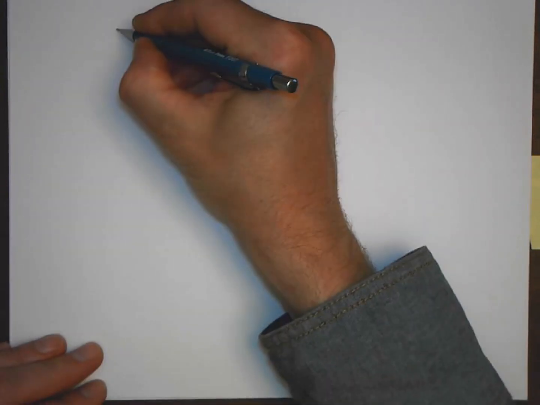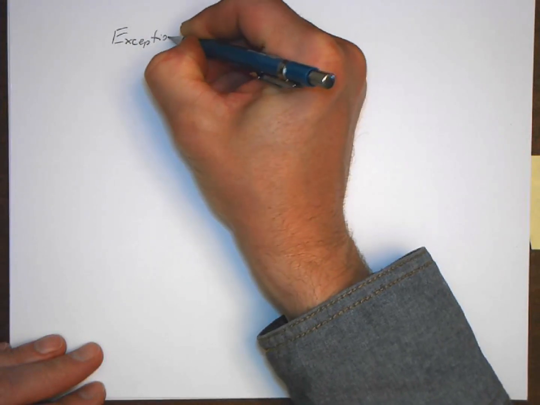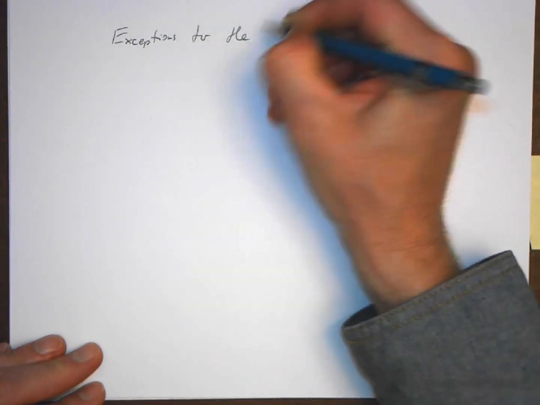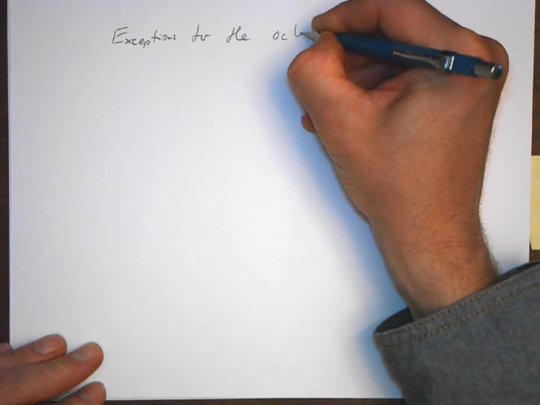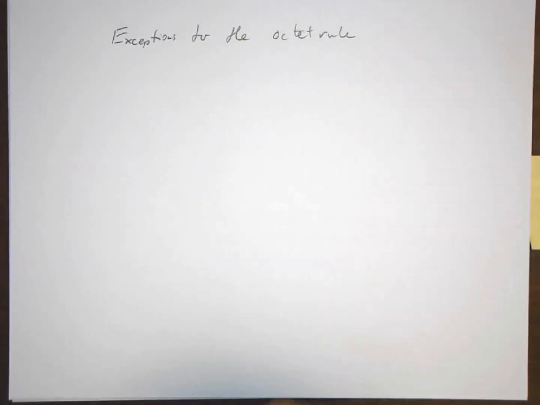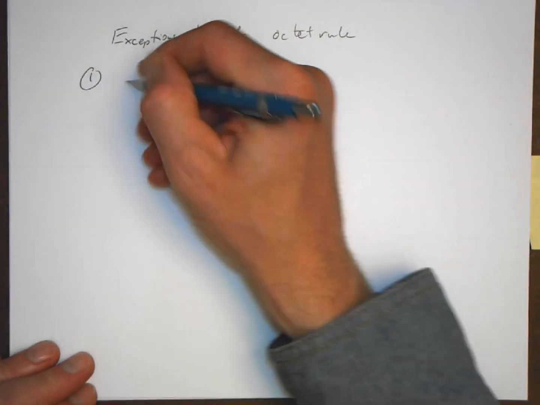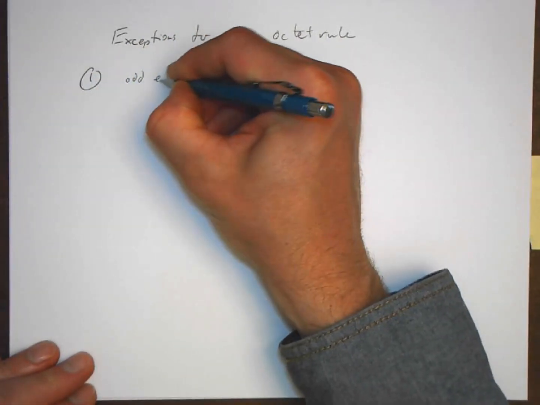There are some molecules that are exceptions to the octet rule when you're drawing Lewis structures. First one are odd electron species.